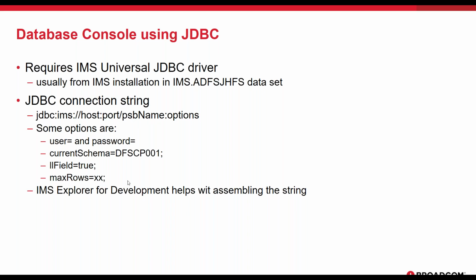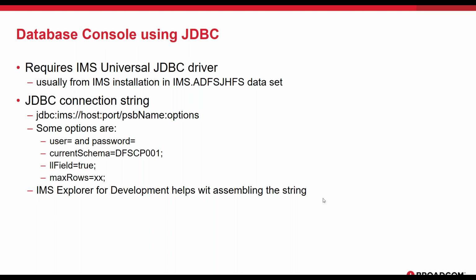And there are some other options for tracing, for example, or the LL field, so that for the variable length segments, the column with the length of the data will be presented or appended dynamically and such.